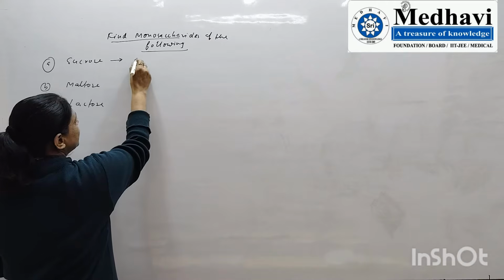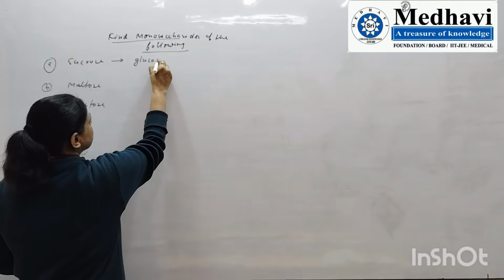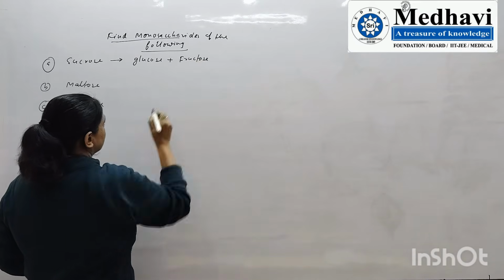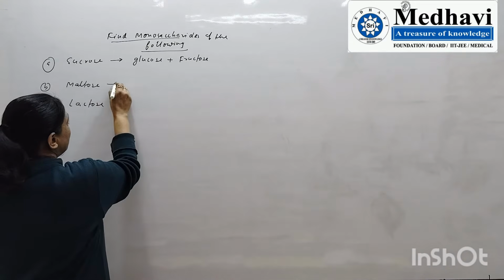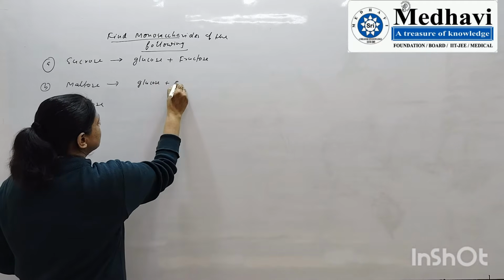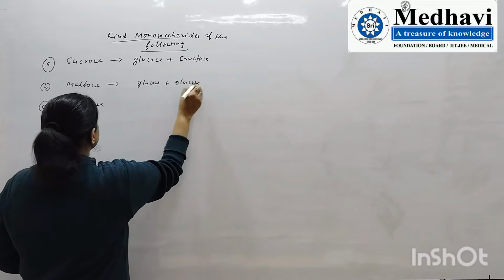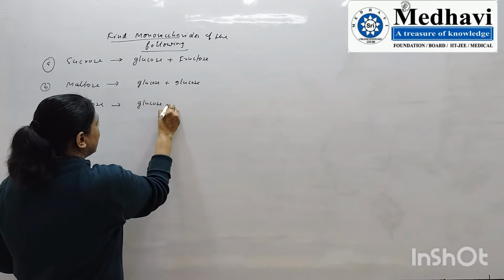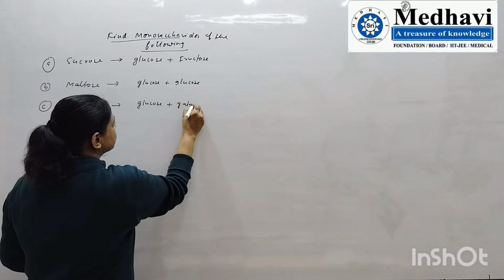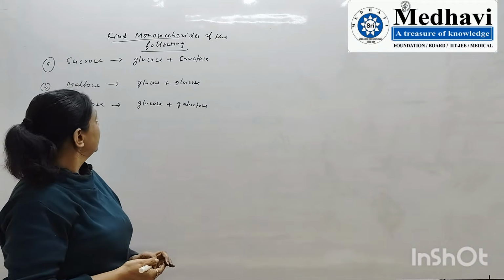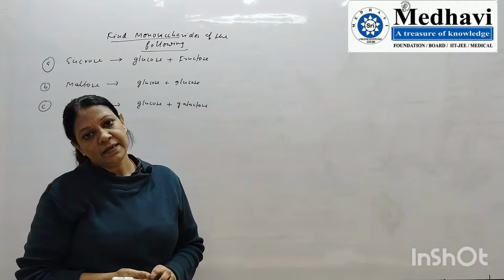It hydrolyzes to give glucose and fructose. Maltose will hydrolyze to give glucose and glucose. Lactose will hydrolyze to give glucose and galactose. So the first question will be asked from this part, that is the disaccharide part.